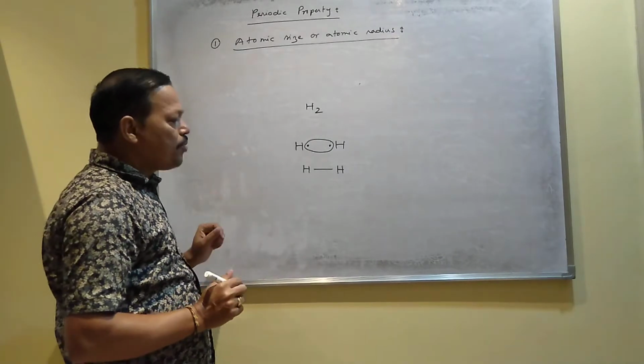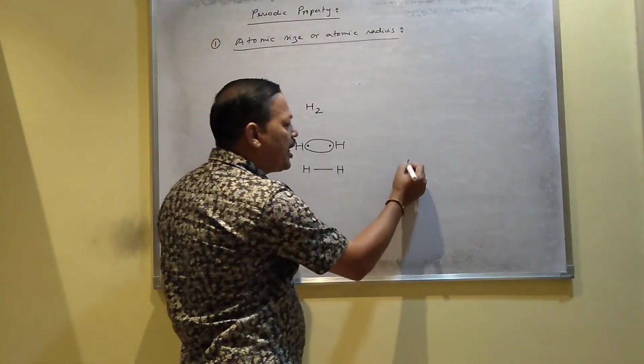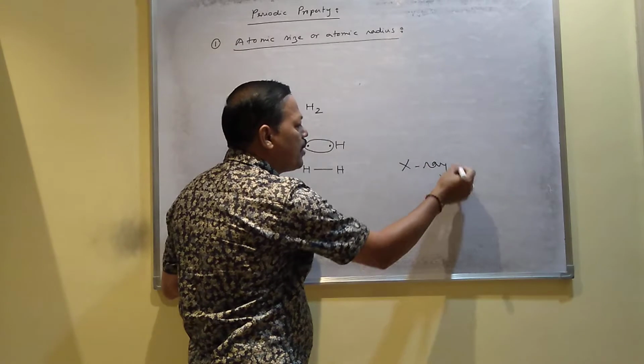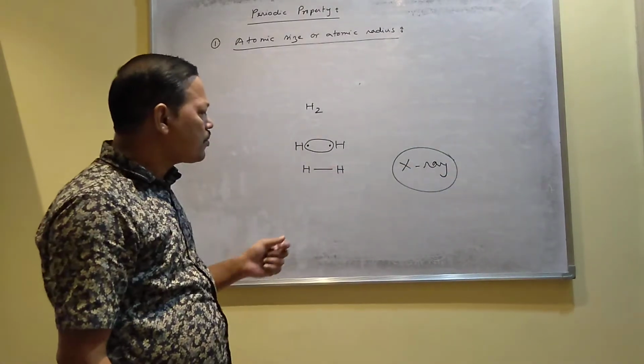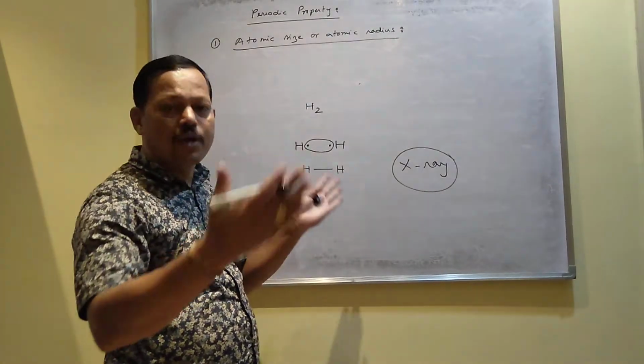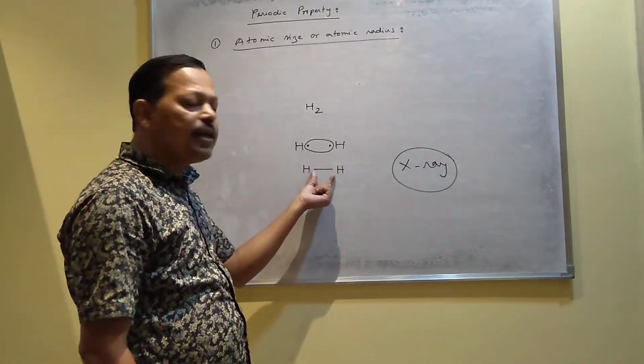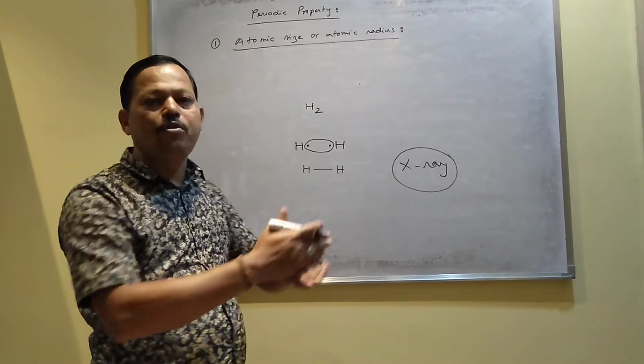So the first thing you have to do, by doing X-ray study, you can find out the length of the bond which is called covalent bond length. And after determining the length of the bond, just make half of it.